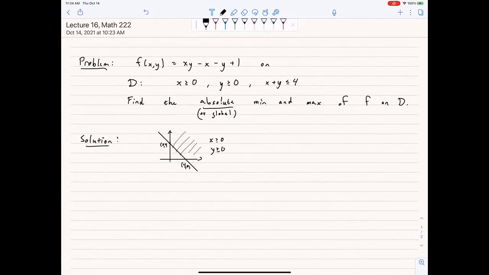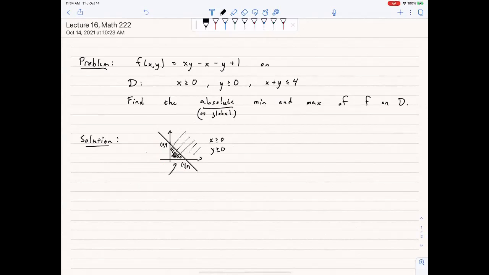And everything on the left-hand side, sort of over here, is going to satisfy this inequality, less than or equal to 4. So we can take the intersection of these two sets, everything on this side, and all the things in the first quadrant, and we'll get our domain D. So that gives us this domain.